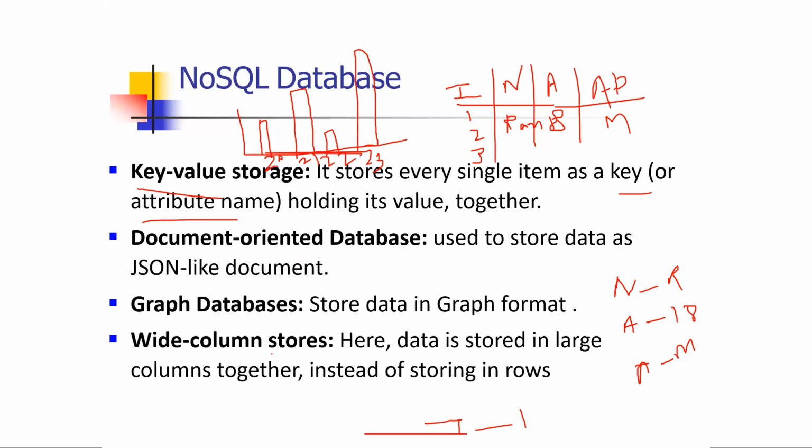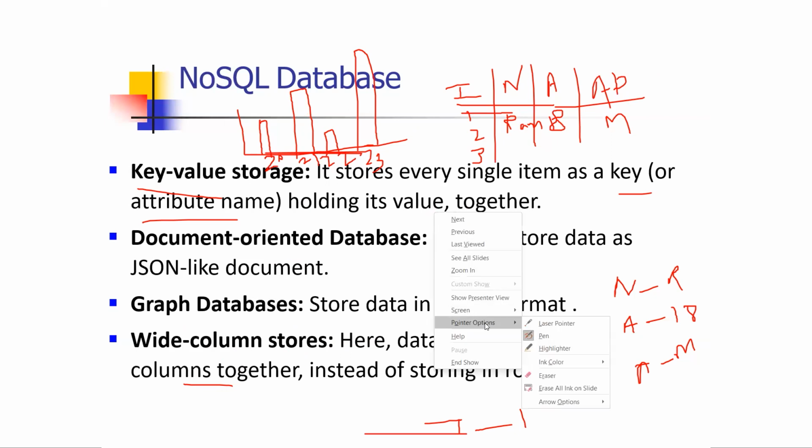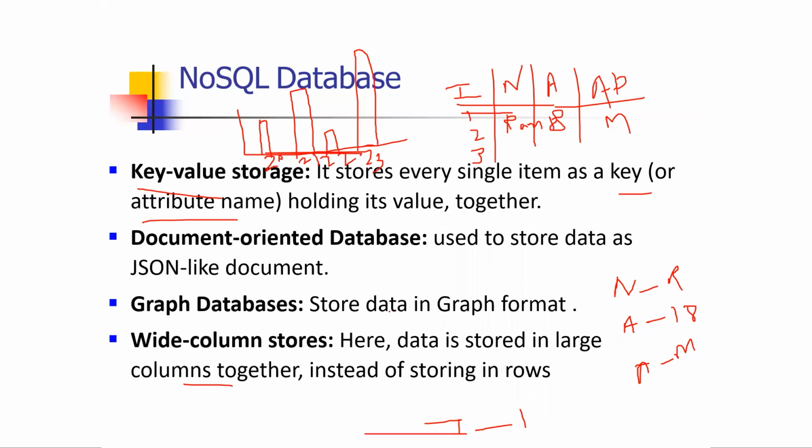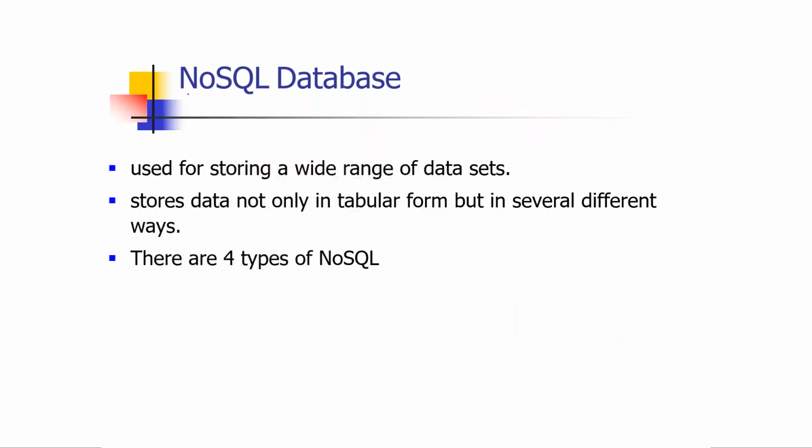Now, wide column stores: here data is stored in large columns together instead of storing in rows. Generally, we store data in rows, but for wide column we store in the form of wide columns. Got it? Okay. So, see, in NoSQL, if we have lots of data, then we cannot store it in a particular tabular format.